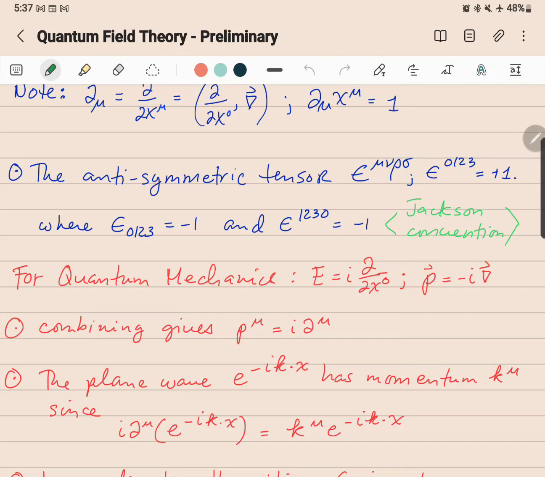For quantum mechanics, E is equal to i, where i is the square root of negative 1 here, partial x0, and the momentum is just negative i times the del.